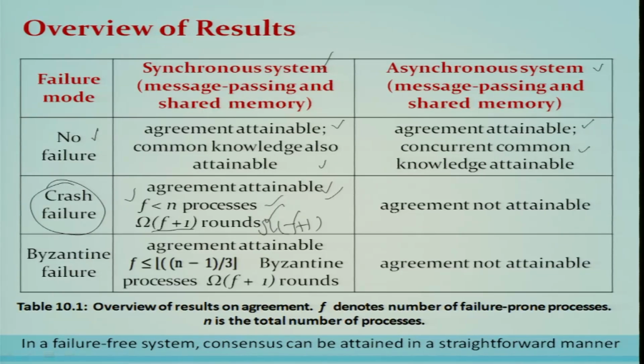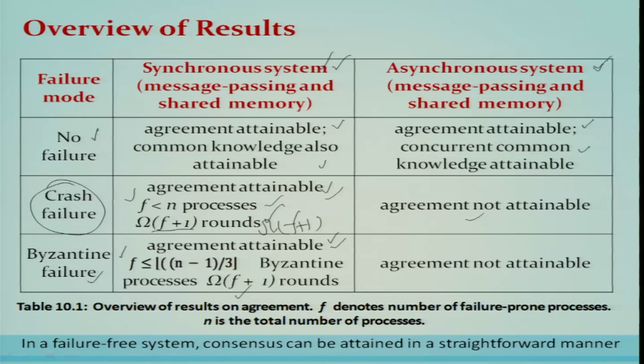However, in the asynchronous model, even for the crash failure model, agreement is not attainable at all. If the fault model is Byzantine, then the agreement is attainable in the synchronous system, where the number of faulty processes f is less than or equal to the floor of (n minus 1) divided by 3, and this agreement is achieved with a lower bound of f plus 1 rounds.